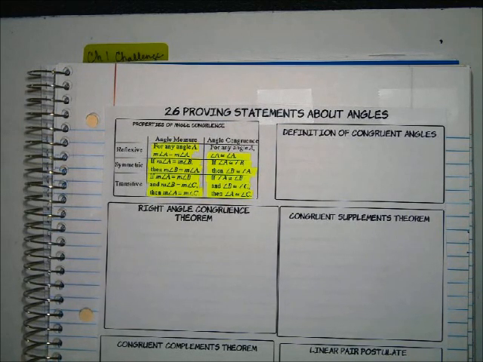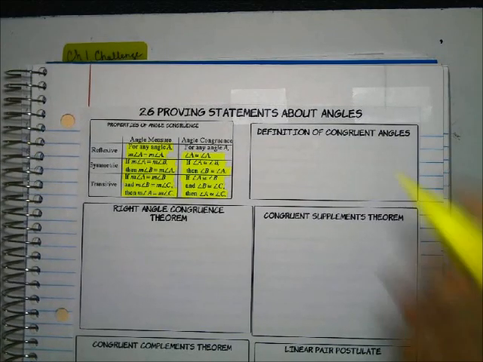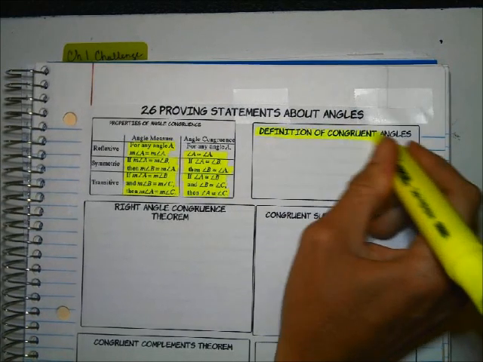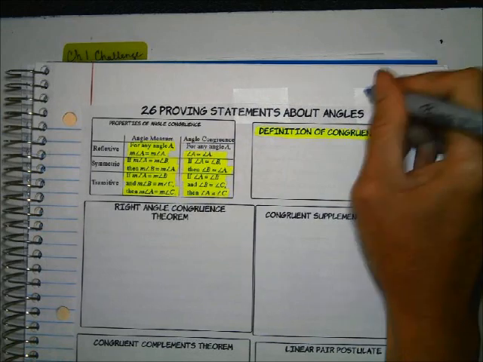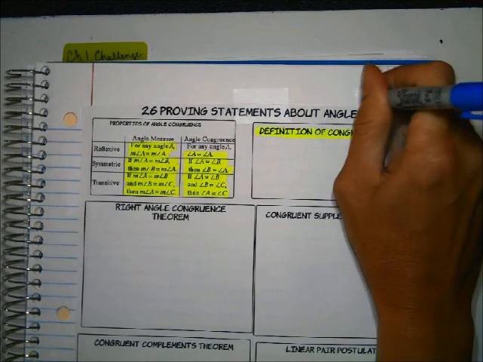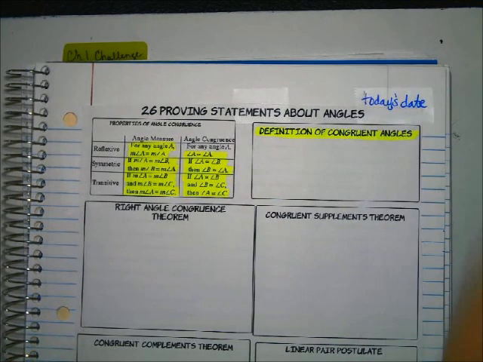The next one I want to talk about is the definition of congruent angles. Don't forget to put today's date up here in your notes, so that you have it documented on what day you're doing this.